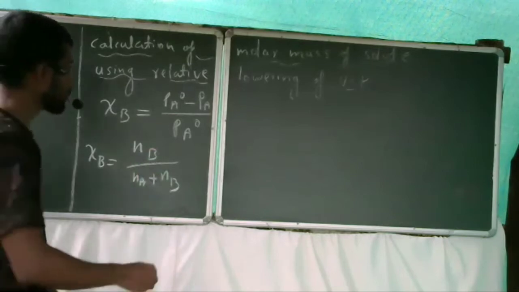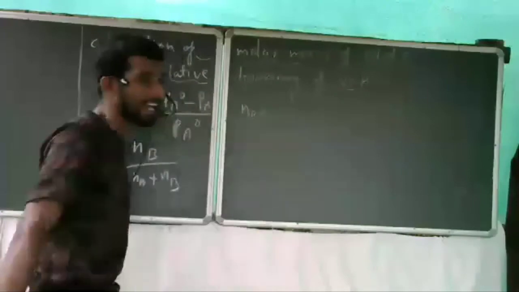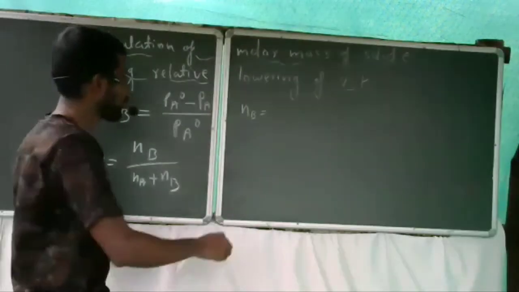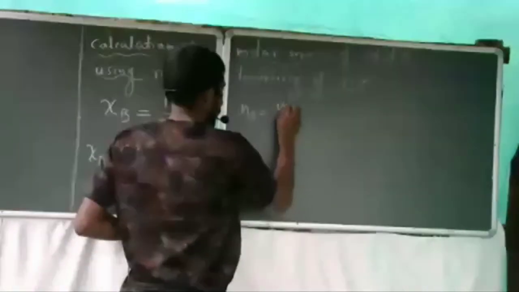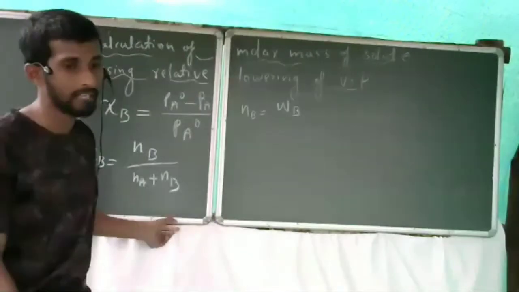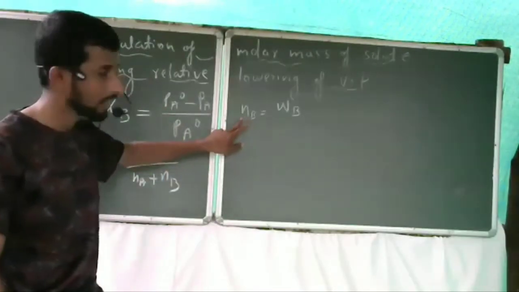Then what is Nb? N means number of moles. How to calculate the number of moles? Number of moles equal to the weight of the solute Wb, the weight of the given component, divided by its molar mass. We have already discussed in first year how to calculate the number of moles.